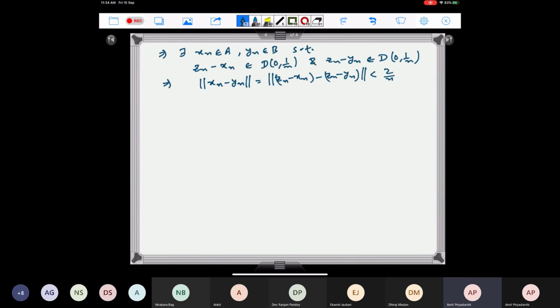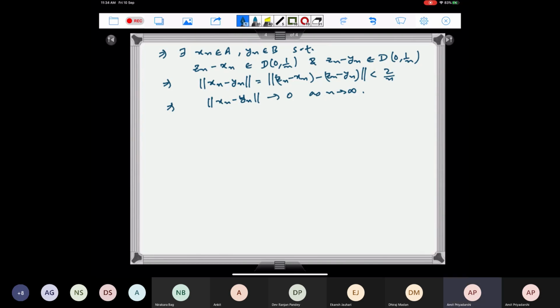So the norm of xn minus yn is less than 2 by n, which implies it goes to 0 as n goes to infinity. So assuming that those two sets are not disjoint, we are able to find a sequence in A and a sequence in B such that the distance between these two goes to 0.